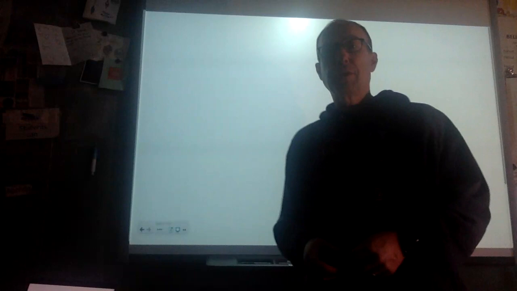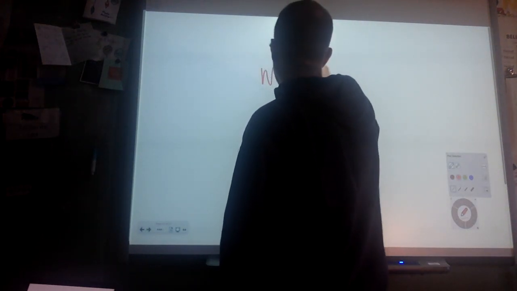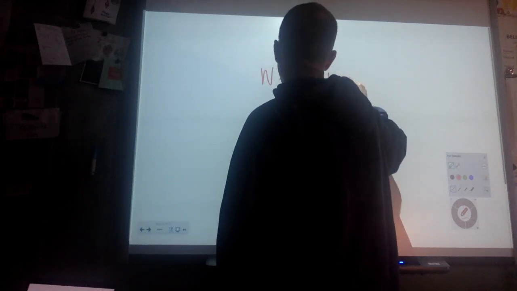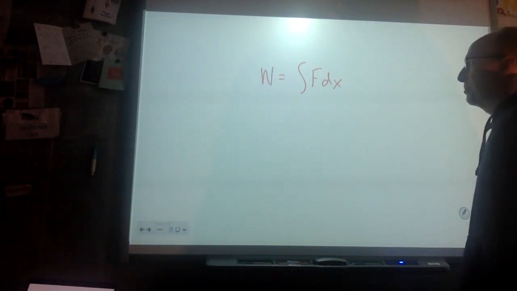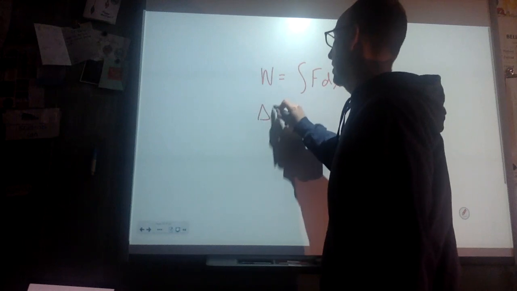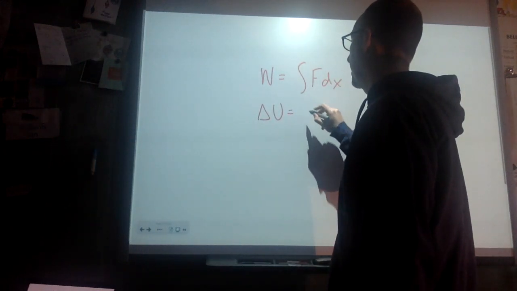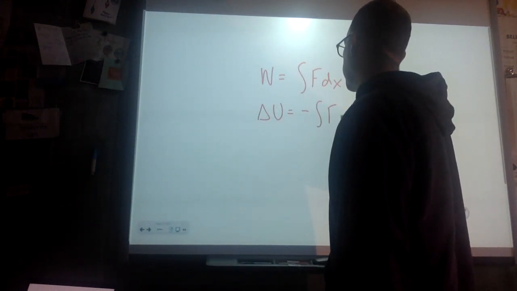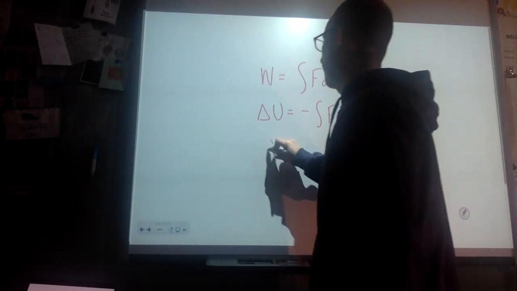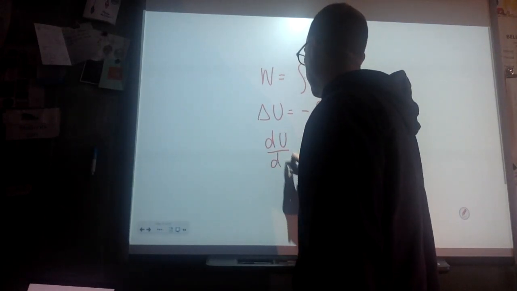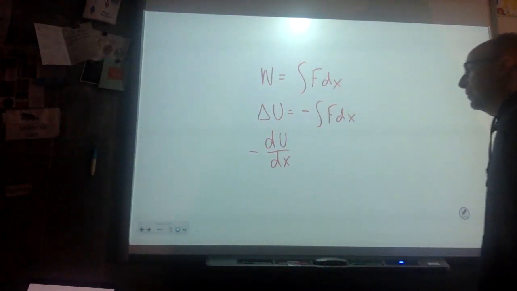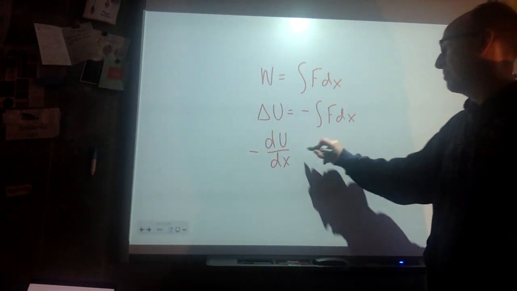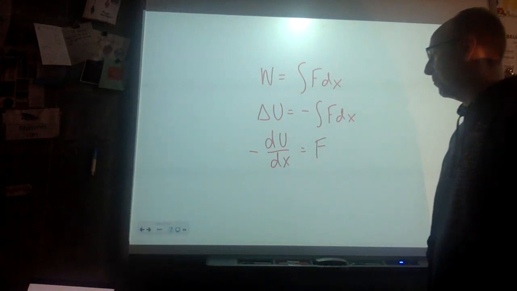All right, so hopefully that made some sense. We're starting off with our work being the integral of the force with respect to position, which tells us that the change in potential energy is the negative of this. So the negative derivative of the potential energy with respect to position gives us the force.